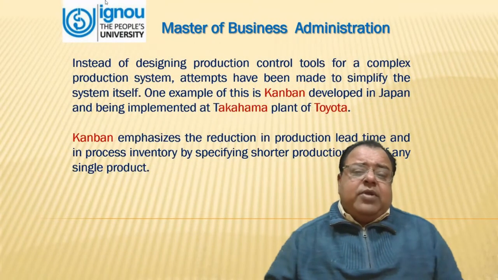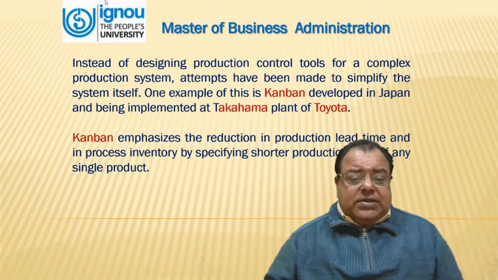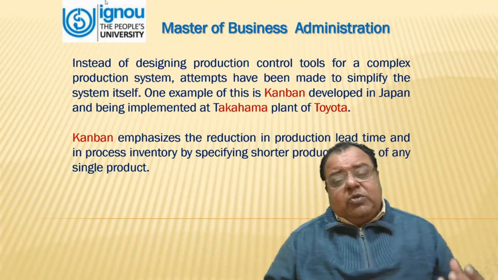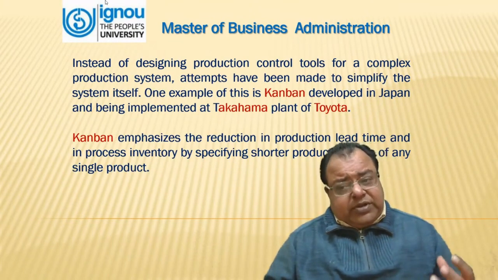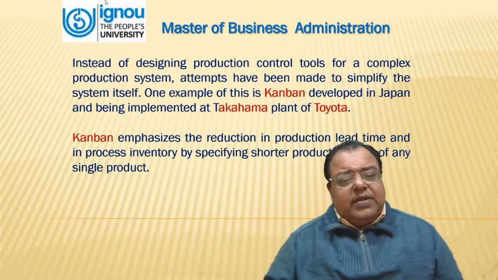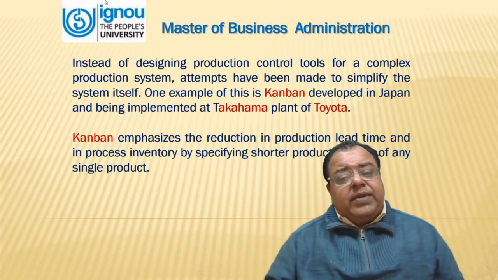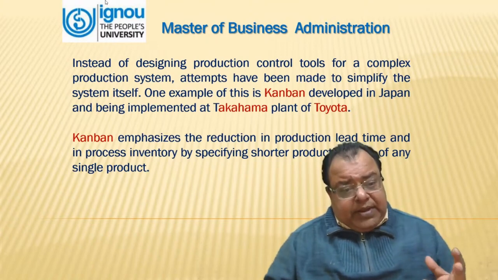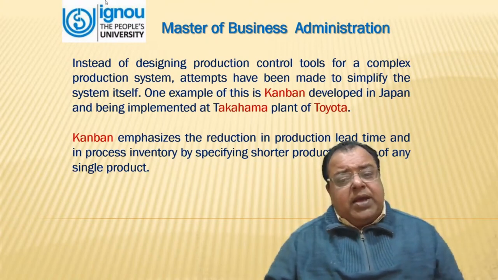Instead of designing production control tools for a complex production system, attempts have been made to identify or to simplify the system itself. One example of this is Kanban, developed in Japan and being implemented at the Takahama plant of Toyota.